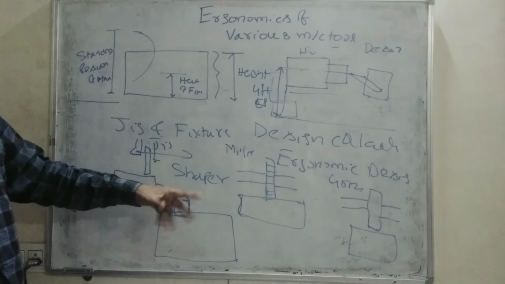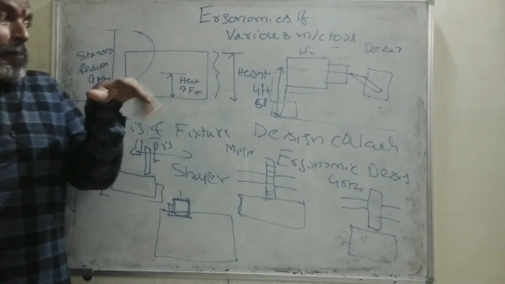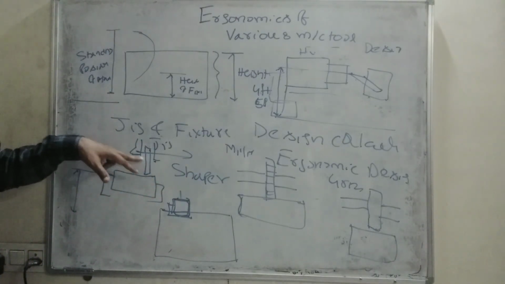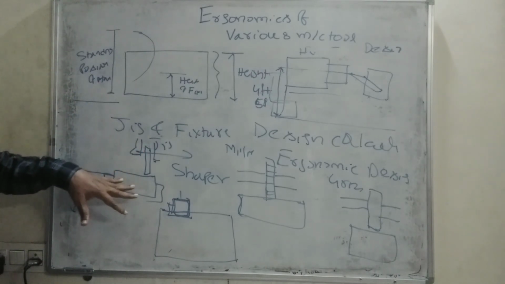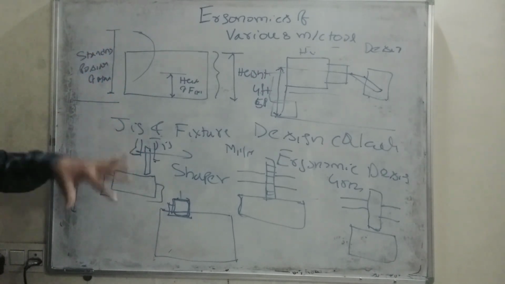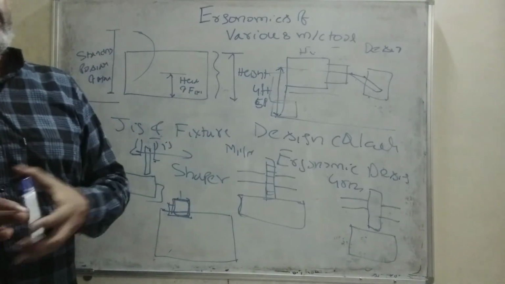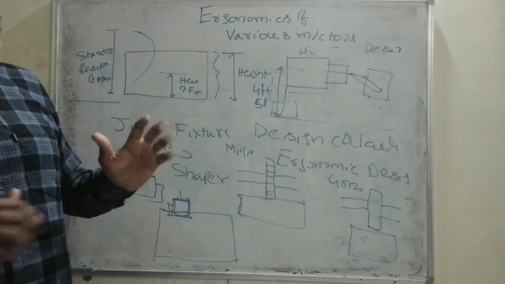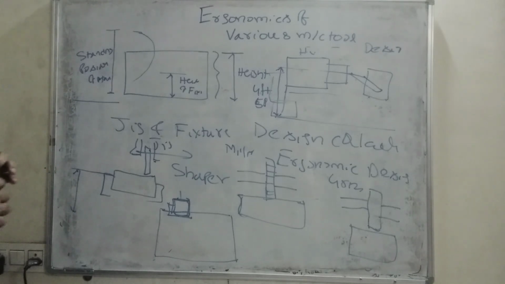And the planer is also there. In the planer, the tool is fixed and the fixture moves to and fro, so that is a different aspect. It is all a way of removing material, and the whole machine will be designed based upon the material removal.